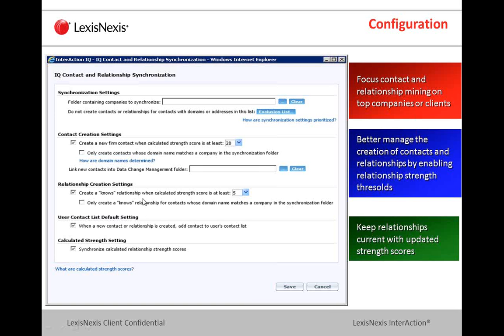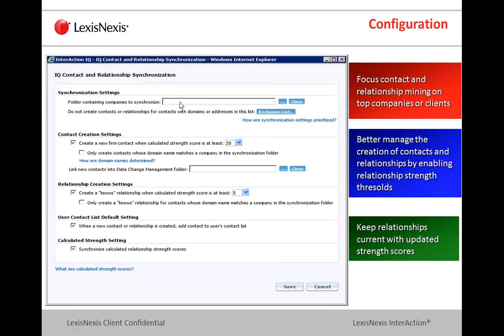And if the relationship doesn't exist in InterAction, let's go ahead and create it. But we also give you the flexibility to add contacts and relationships that you deem relevant. So for example, you only want to create a new person or a new relationship if the calculated score exceeds a certain number, because at that point, that relationship means something to our firm.